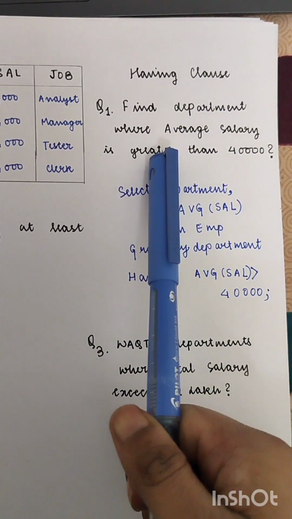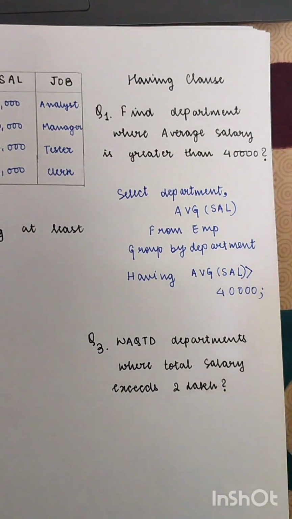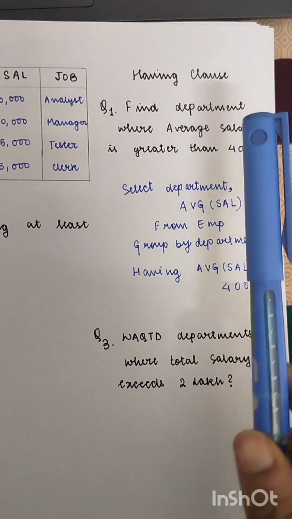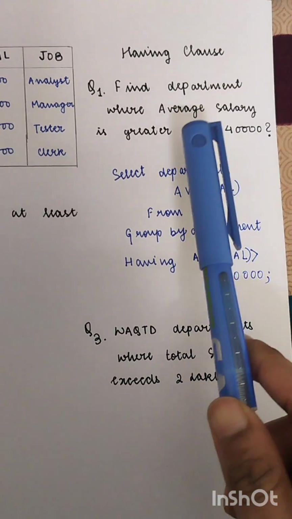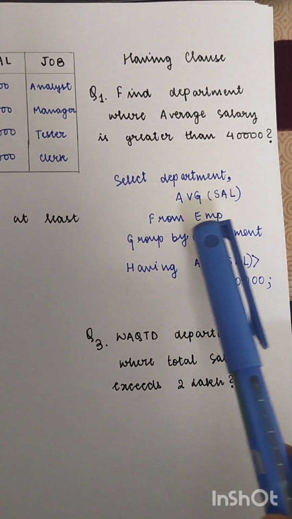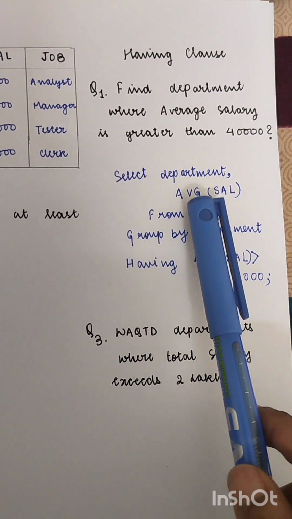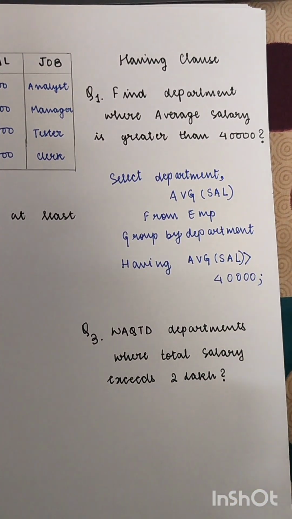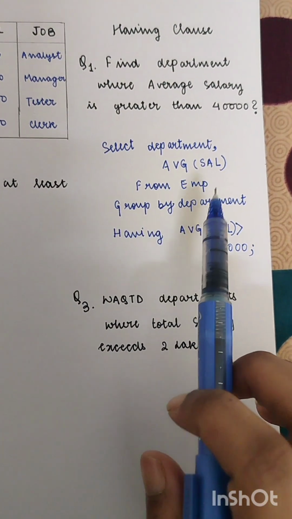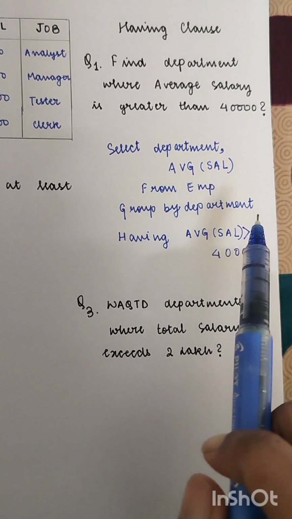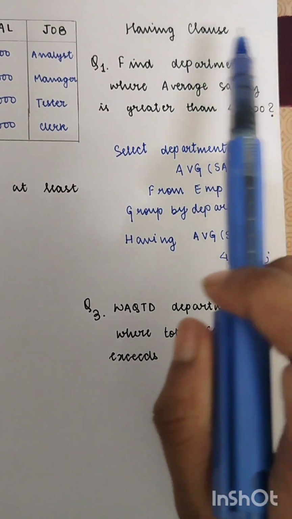Now let us see. Find department where average salary is greater than 40,000. So we will select, because we have to find the department, we will select the department and also the average salary has to be fetched. So we will write the aggregate function average of sal. Now from where we want it? From employee table we want it. So second is the table name, from EMP. Now we have to group by department because we have to find it from the department.